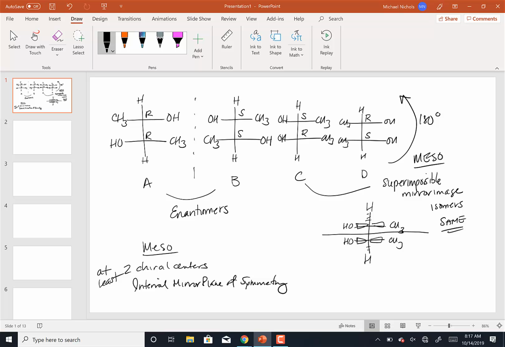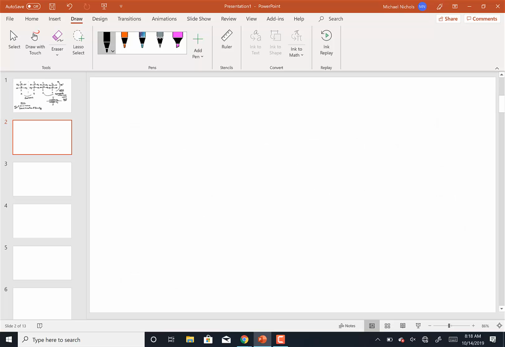So if a molecule doesn't have chiral carbons and it has a mirror plane of symmetry, it doesn't have a name. Okay, is everybody kind of okay with that? All right, so I need to test that to make sure everybody is okay.